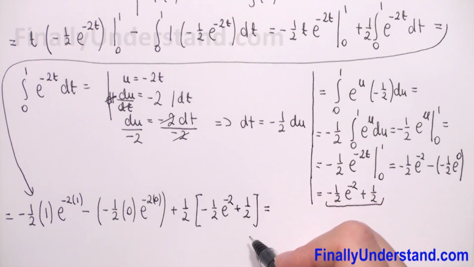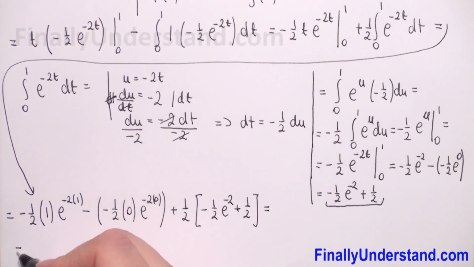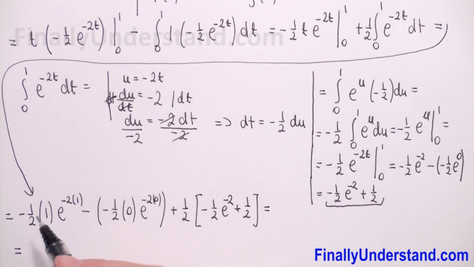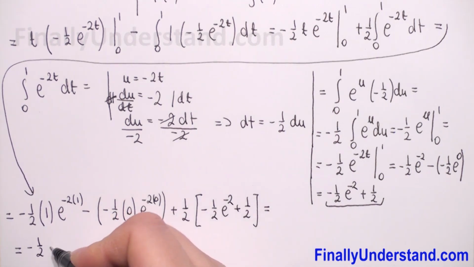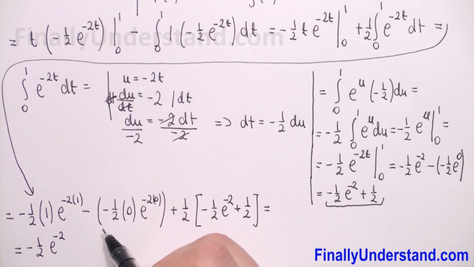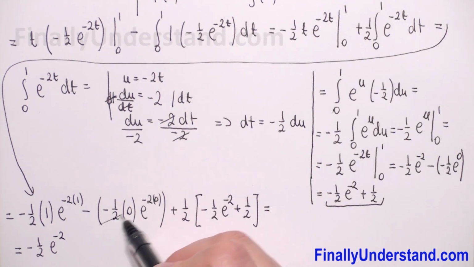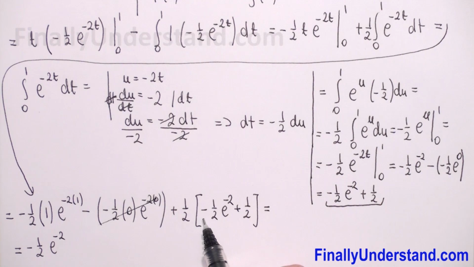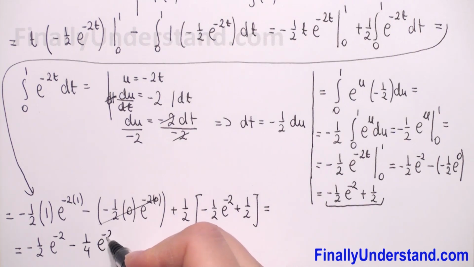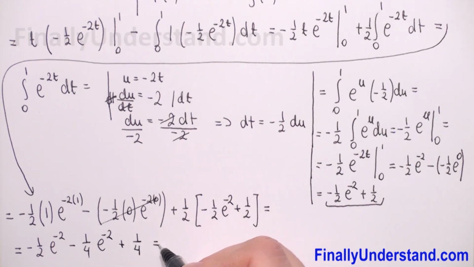This is equal. What we have here, negative 1/2 e to power negative 2 will be minus, and this whole expression we have 0, so we can reduce. We have now 1/2 times negative 1/2 will be negative 1/4 e to power negative 2. 1/2 times 1/2 will be plus 1/4. So this is equal.